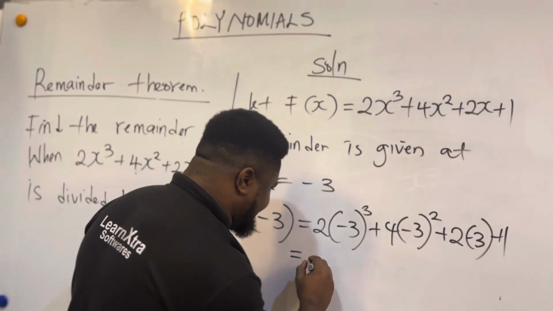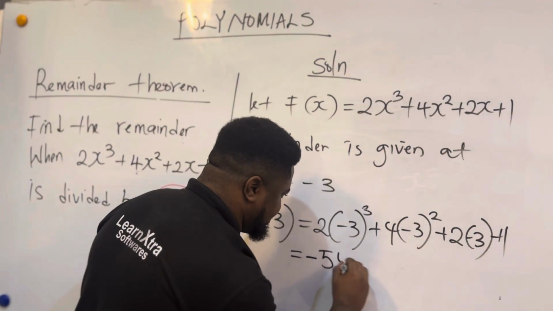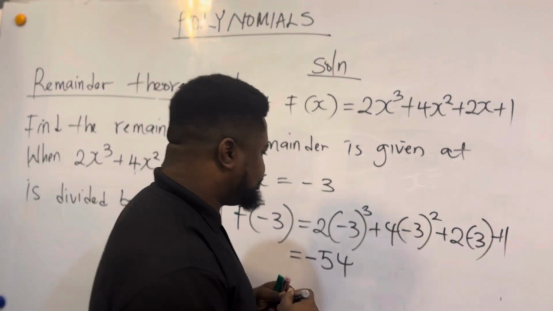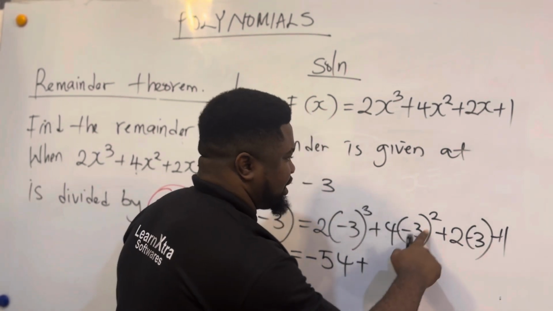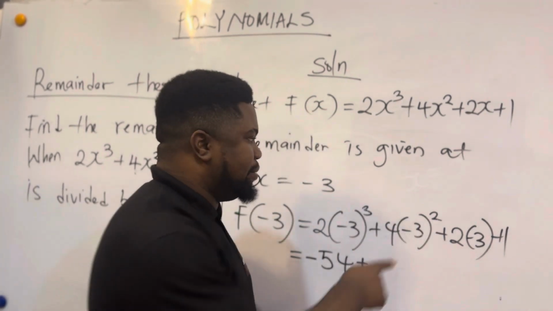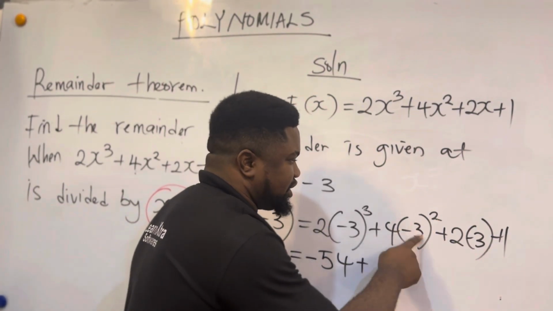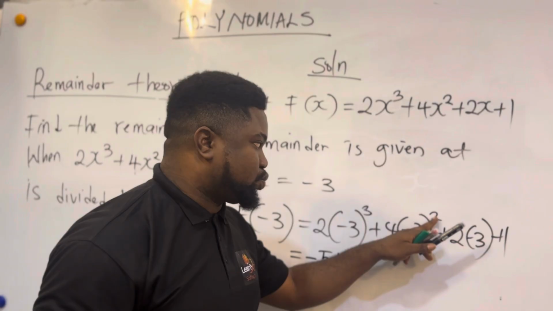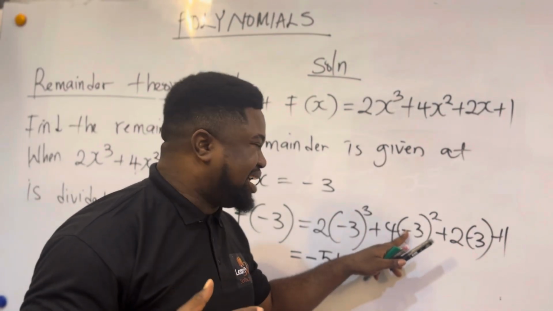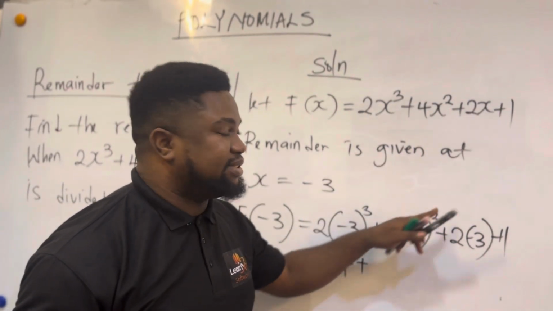Times 2 is minus 54. Now, over here, plus minus 3 squared, even. So the minus will go out, because the square affects the minus. Minus times minus is plus. 3 times 3 is 9.